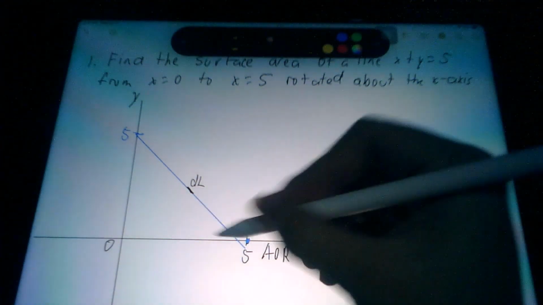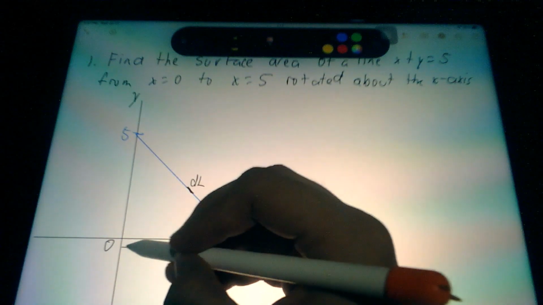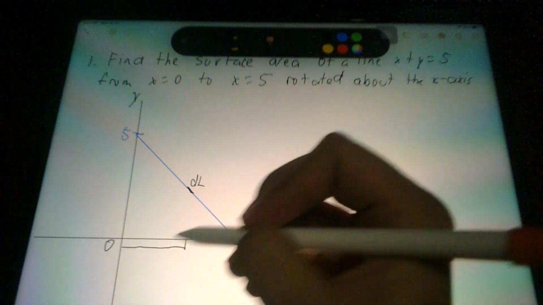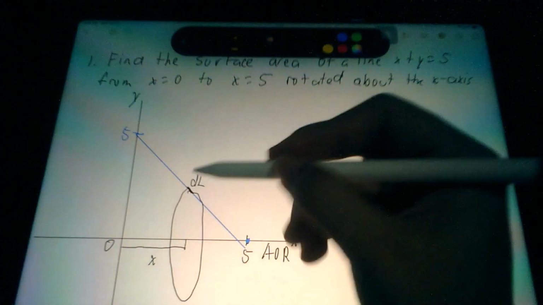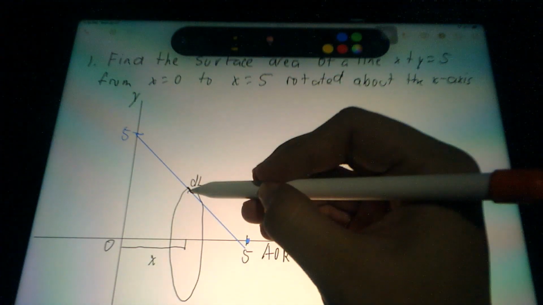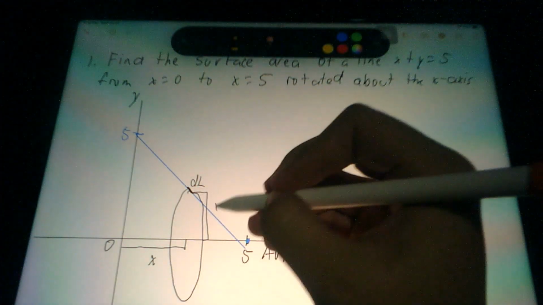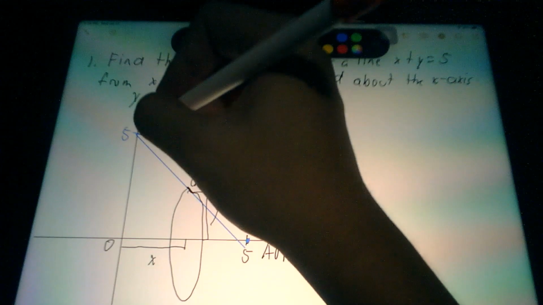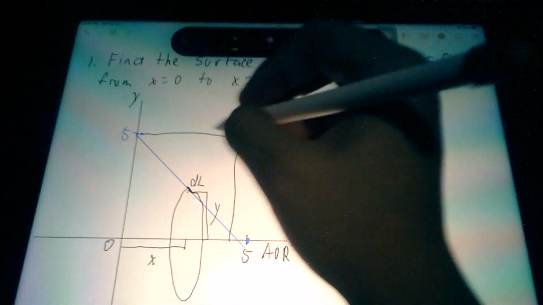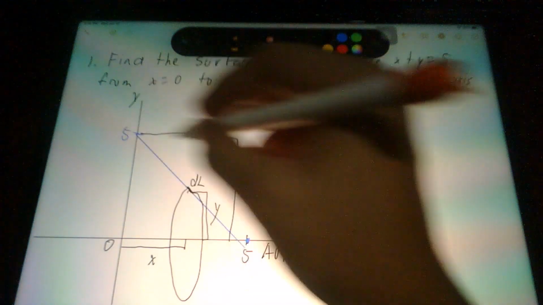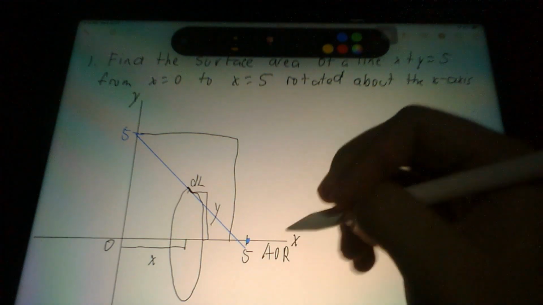Let's label our illustration. From this point to this point, this is our x. Now if it's rotated, it will look like this, and the height of our strip to this point is equal to y, and the height of our point here, 5, to the x-axis is just equal to 5.